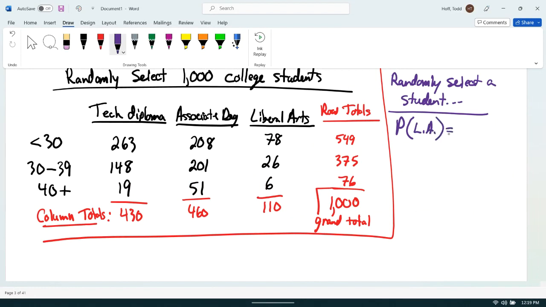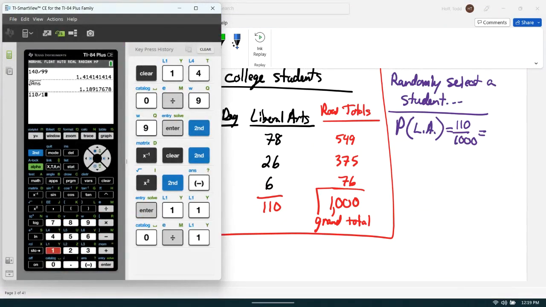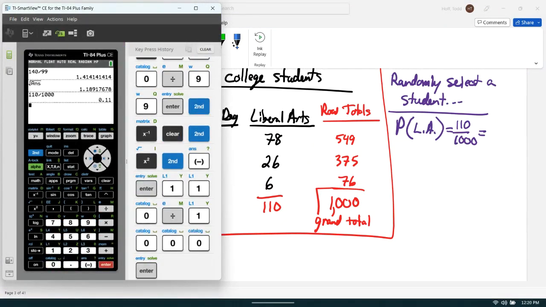I'm just going to do LA for liberal arts. Well, here we're just looking at the totals. There's 110 liberal arts students out of 1,000 total. I could divide that out. Get 0.11.